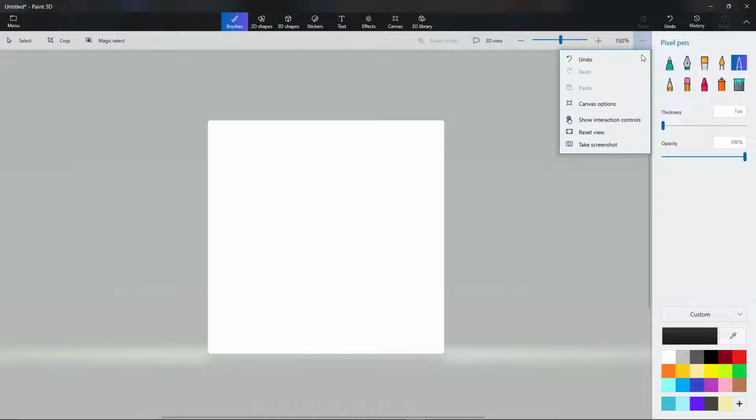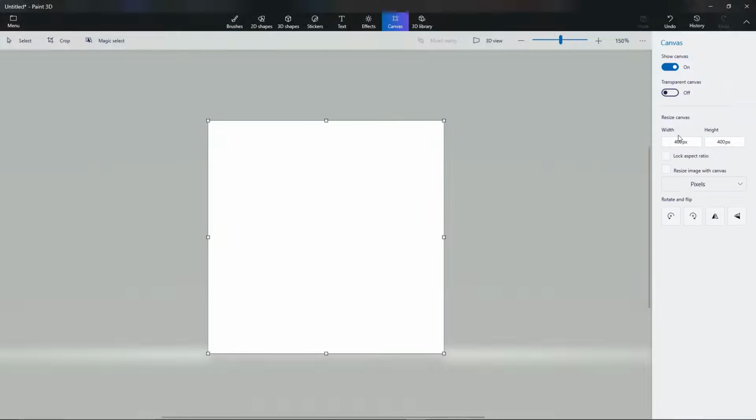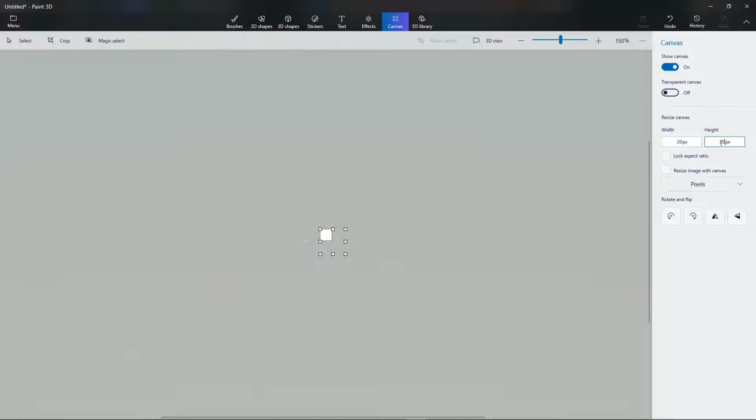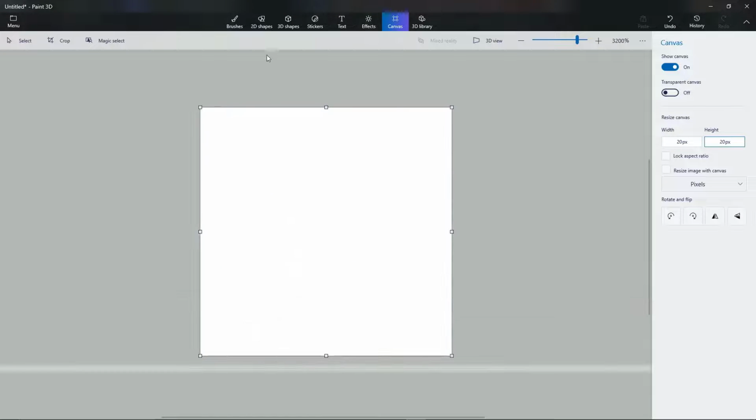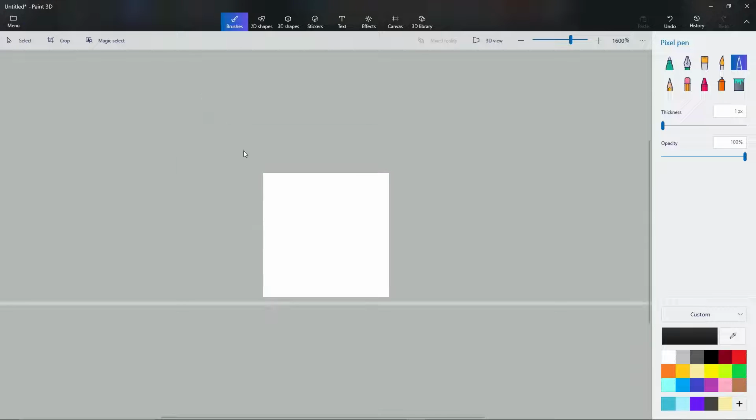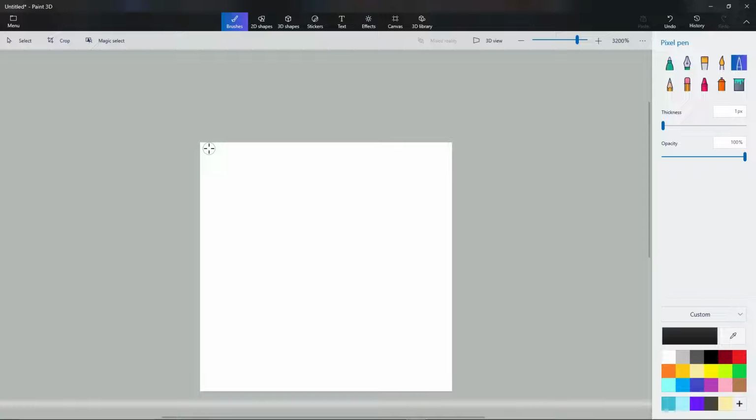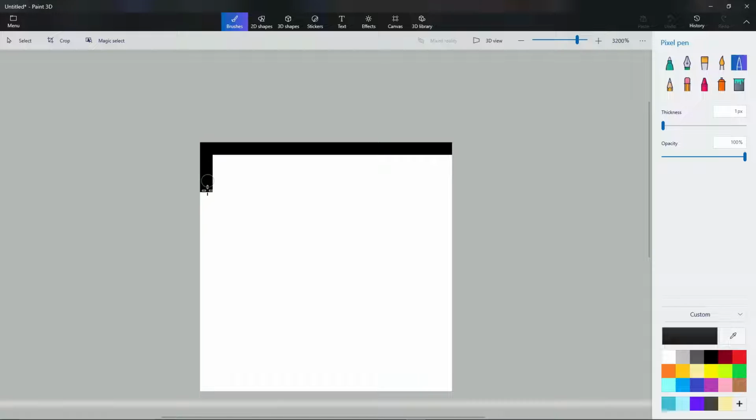We can make this a lot simpler if I just explain it with something even smaller. Let's go down to 20. So there's 1, 2, 3, 4, 5, 6, 7, 8, 9, 10, 11, 12, 13, 14, 15, 16, 17, 18, 19, 20.